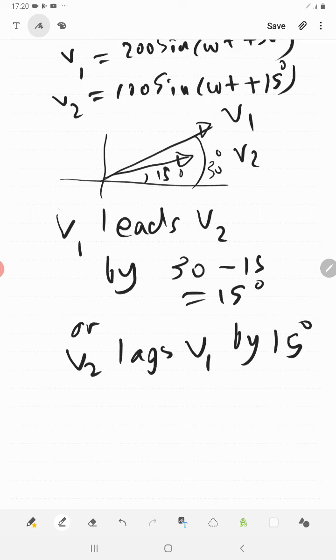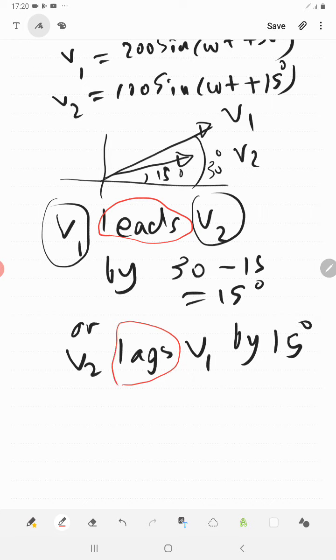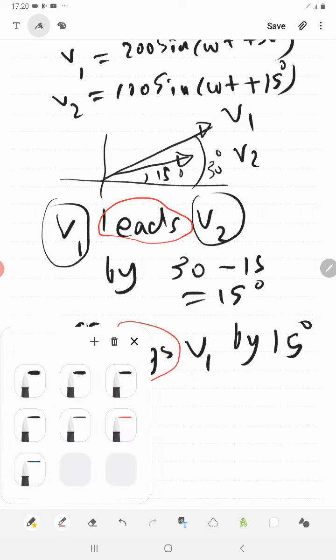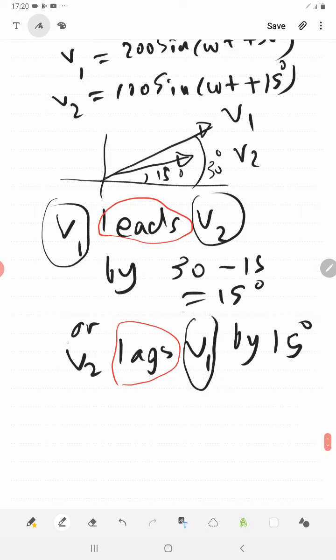So look at V1 and V2 here, and the word leads, and here we have lags. And again we have V1 and V2. We made two operations, and this has the same meaning as this.